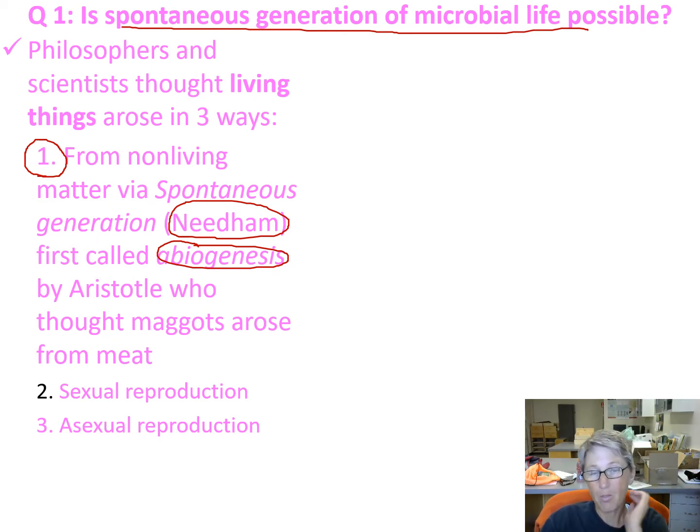Because Aristotle thought maggots arose from meat. Maggots are, I think, the precursor to an adult fly. Living things could also arise using sexual reproduction, which is what we use. And then living things could also come about by asexual reproduction.